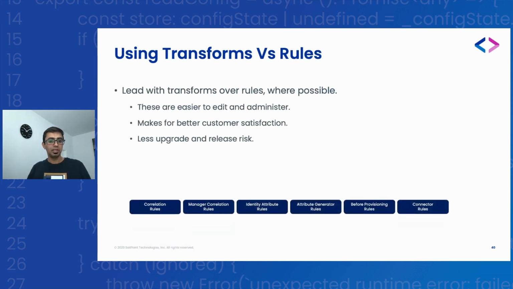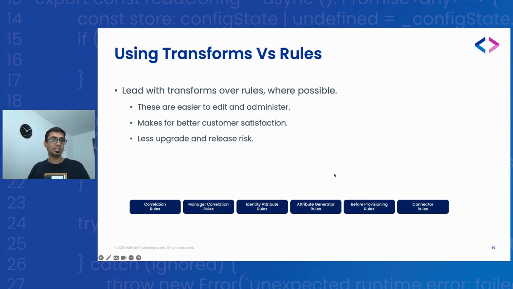Again, we have transforms and we also have rules. Both perform almost similar functions. We always recommend using a transform, and using a rule only when the desired result is not achieved through a transform.